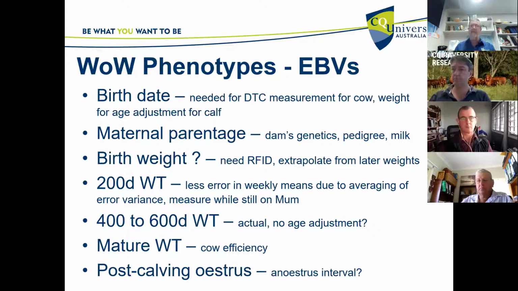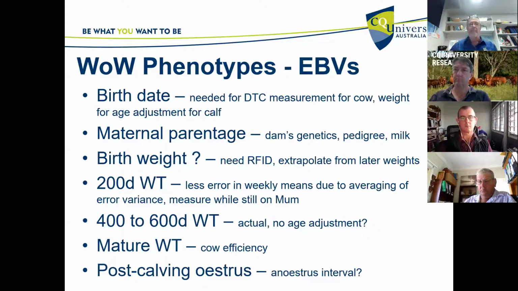You don't need to have them in there from the start of calving each year. And if we're getting accurate birth dates anyway, then the days to calving trait, which is strongly genetically correlated with anestrus interval, is the one we should be using, because it's currently a BREEDPLAN trait anyway.